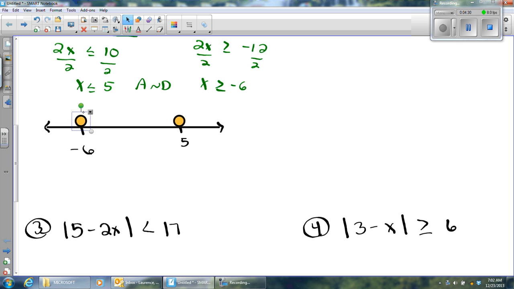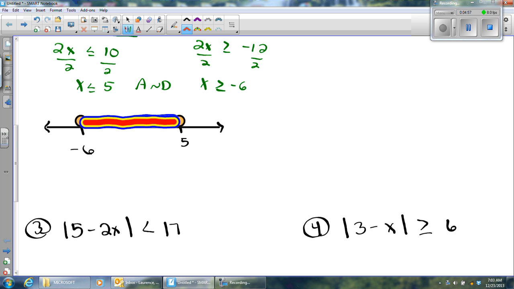Okay, now I need the numbers that are less than or equal to 5, which would go this way, right? But I also need the numbers that are greater than or equal to negative 6, this way. So there is my shading. It's going to be all the numbers from negative 6 to 5.